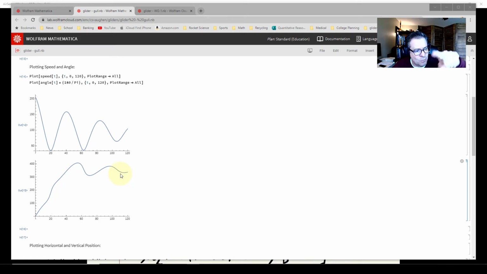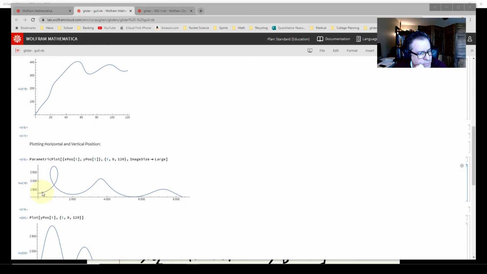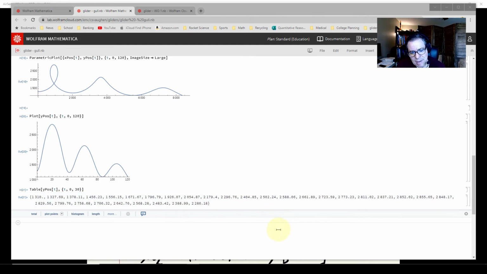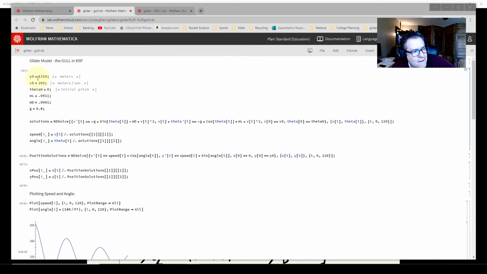So it loops around once. We can see that in this plot of the position, one loop, and then it begins to oscillate up and down after that. So we can see what this mathematical model would have predicted for the altitude. It looks like it's predicting pretty close to 2,800 meters from the initial height of 1310. So let's see what happens.